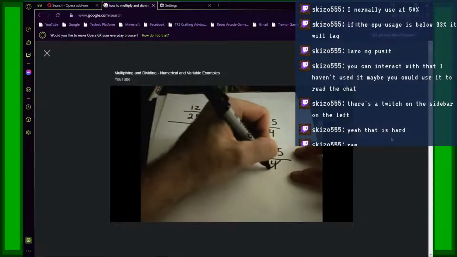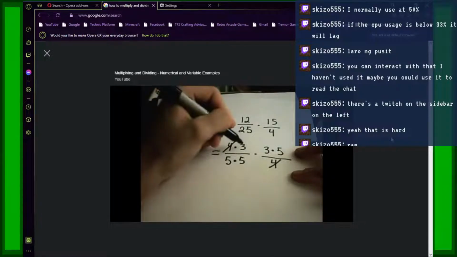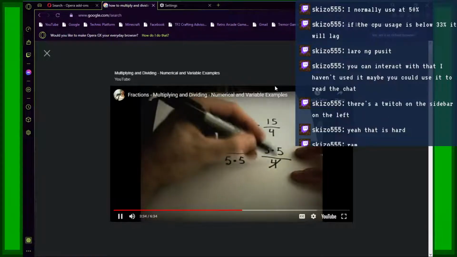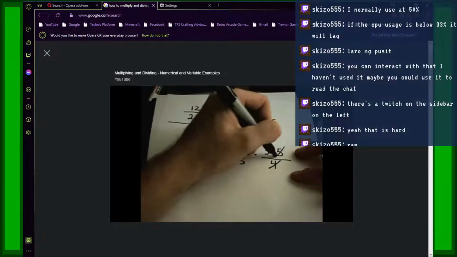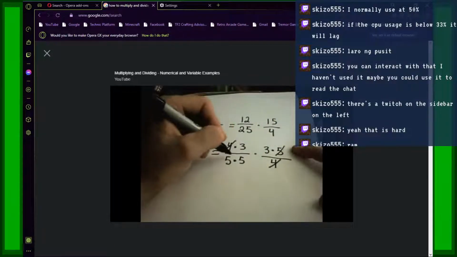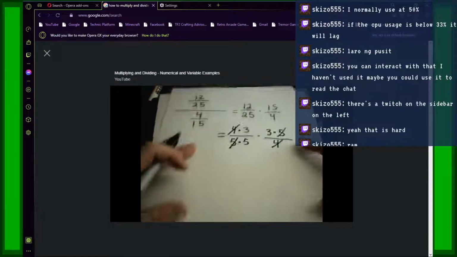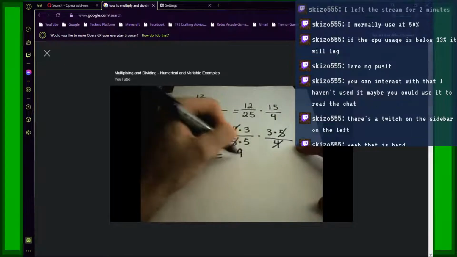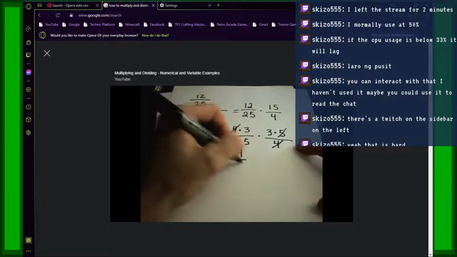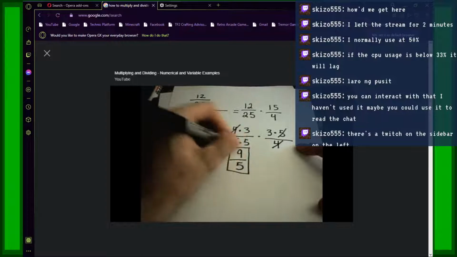I can cancel that out with the 4 in the bottom. I see a 3 on top, but I don't see any 3's in the bottom, so I can't do anything with that. However, I do see a 5 on top. I can cancel 1 5 out in the numerator with 1 5 in the denominator. I'm left with 3 times 3 on top, and I'm left with just a 5 in the denominator, and that'll be my answer.